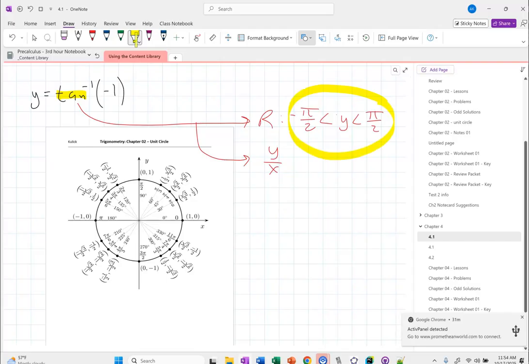Haven't we done this already? That was kind of the same for sine, right? What quadrants were we dealing with then? 1 and 4. So what we're looking for is where y over x is equal to -1.